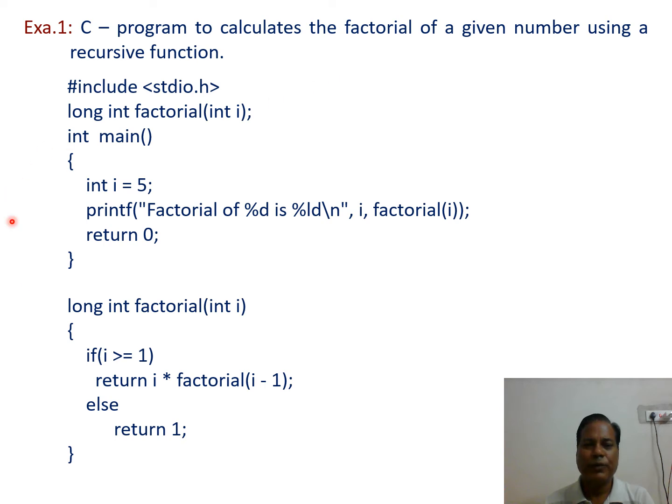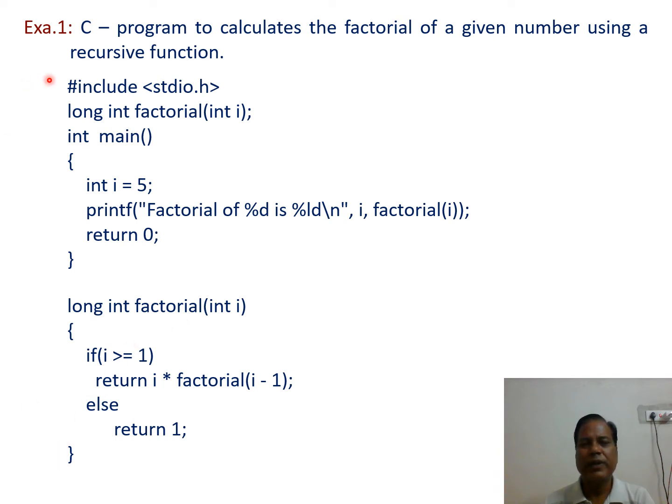In this example C program, two functions exist, the main function and the factorial function.